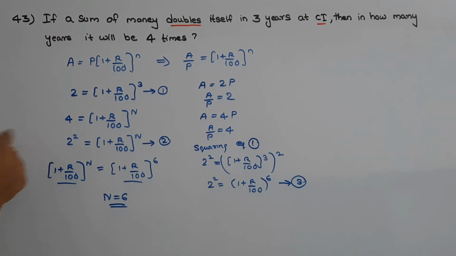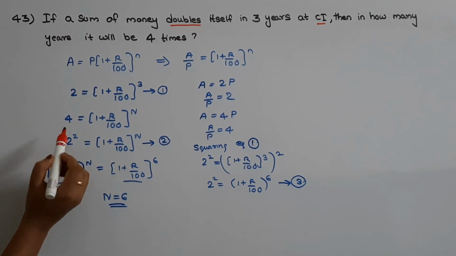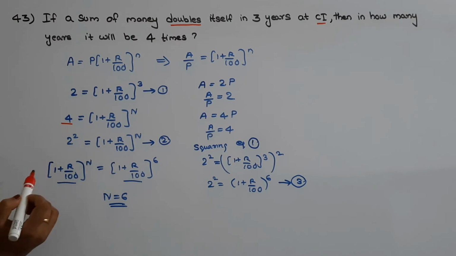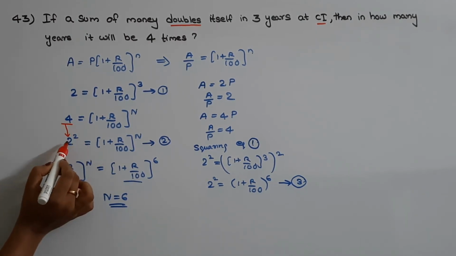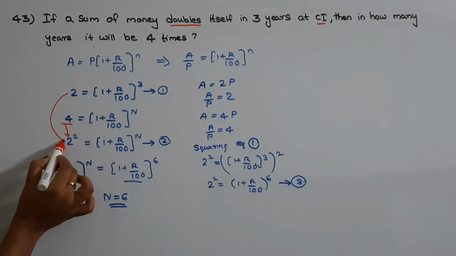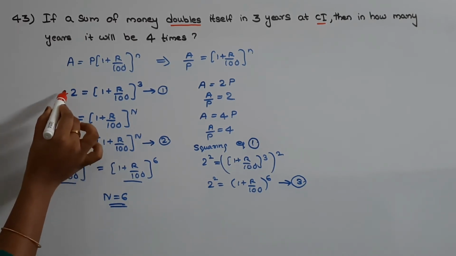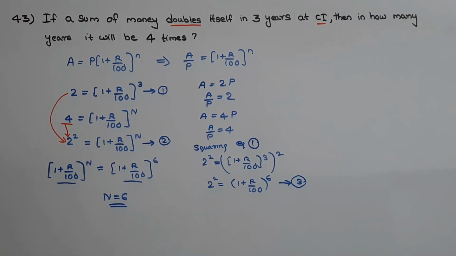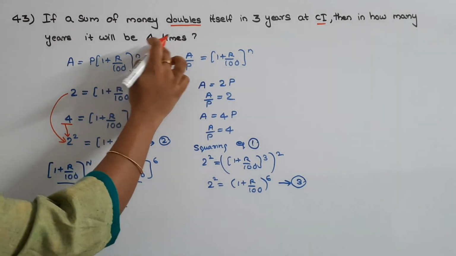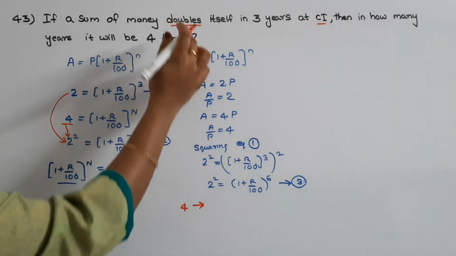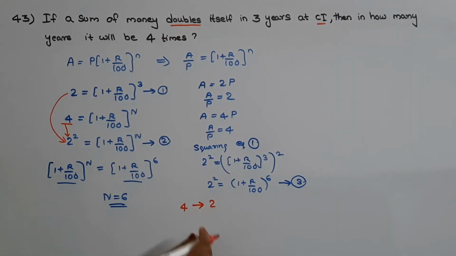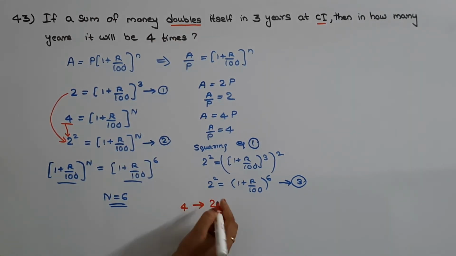What we have done here is we have converted this number of times 4 in the power of 2. How we got this 2? We have written this 4 in terms of this 2, which means we need to convert this number of times 4 in the power of 2. Whenever double comes, we need to write this 4 in the power of 2.